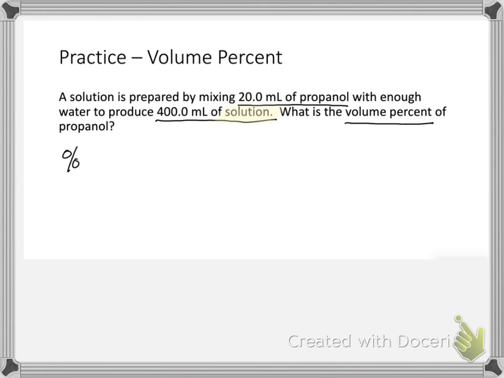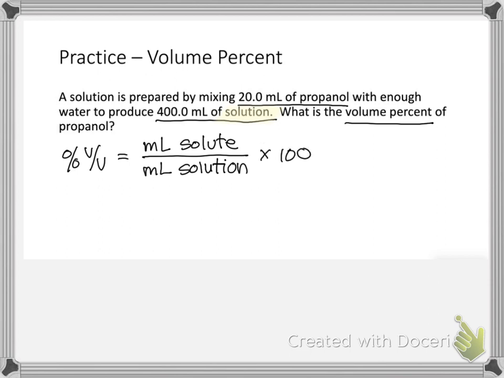Okay, so volume percent is when you compare the volume of the solute to the volume of the solution. So it's going to be the milliliters of the solute divided by the milliliters of the solution, because it's volume to volume, times 100.